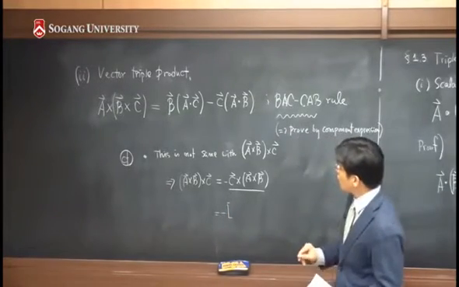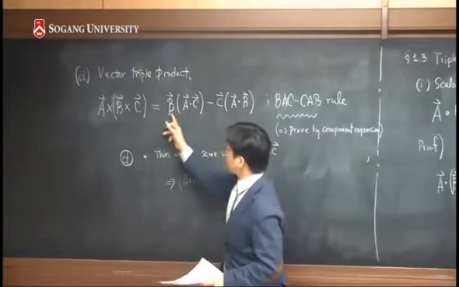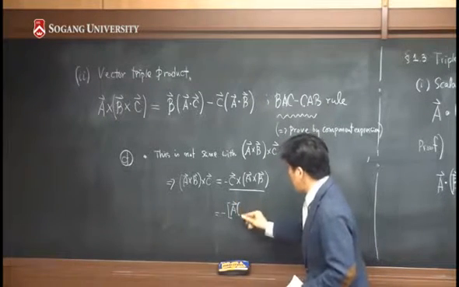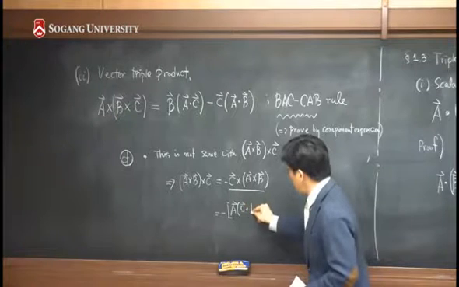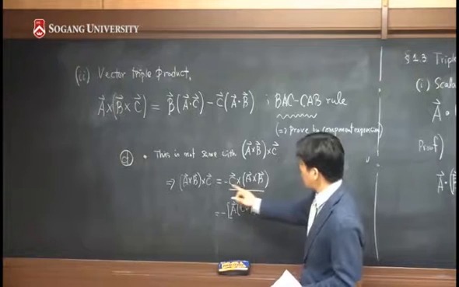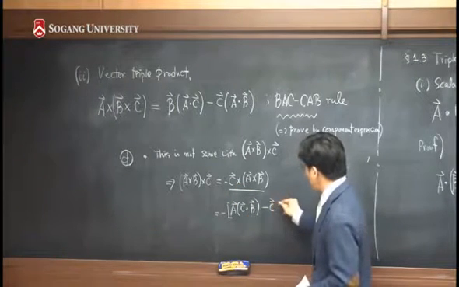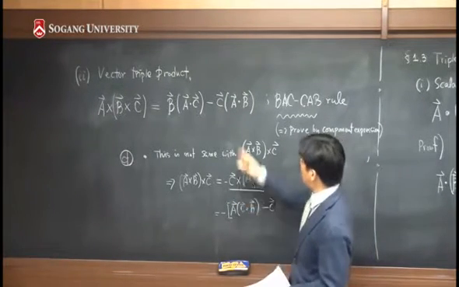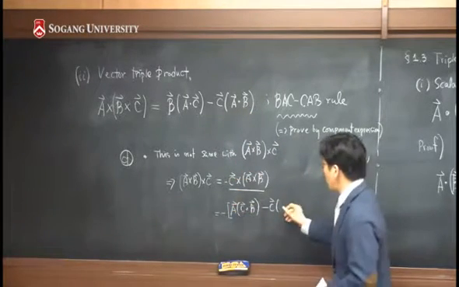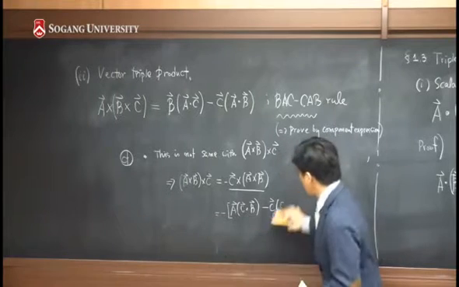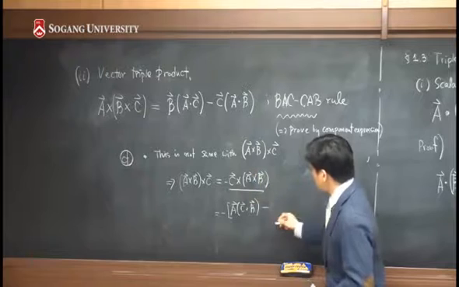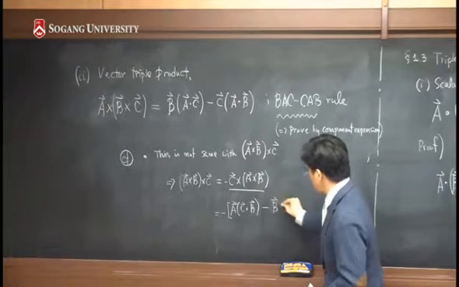So for the back-cap rule, the second vector will go into the front, which will be A. So A, C dot B. Okay, minus cap means the last vector will go into the front, C, and AB. So sorry, this must be the C, and the last vector will be B in this case.